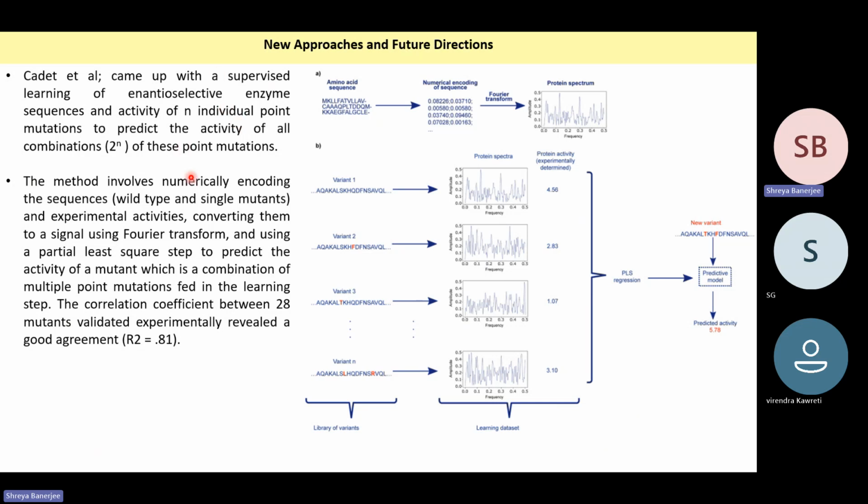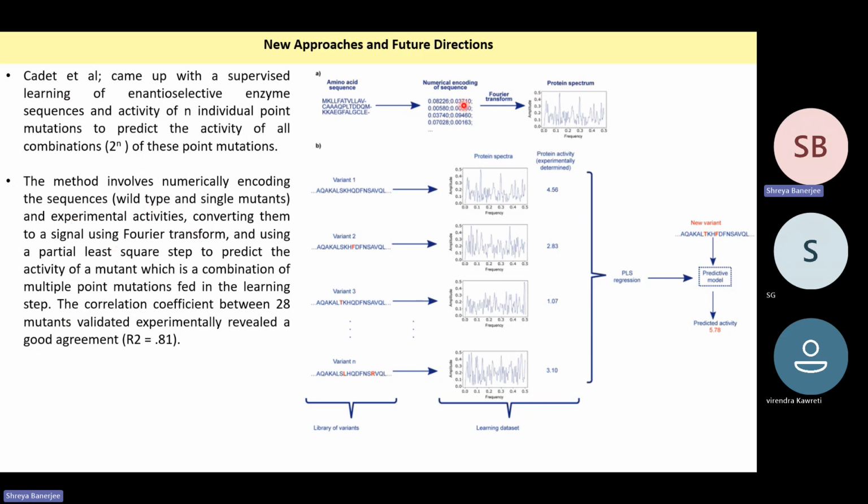What this means is that you have an amino acid sequence and the sequence is given a numerical code. So you can see each amino acid is defined by a certain numerical code which can be Fourier transformed to define a protein sequence.